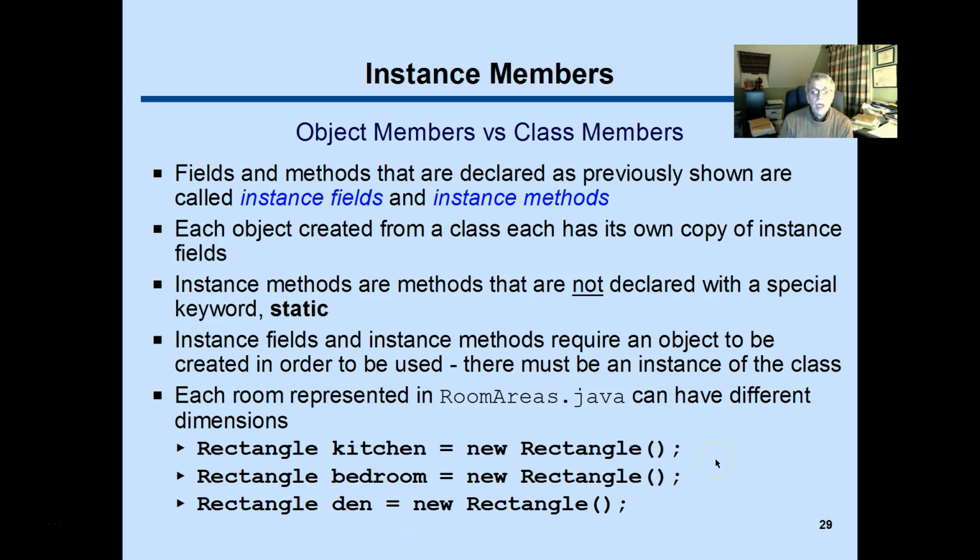And presumably, each of these rectangles would have different dimensions. They would not all be exactly the same. Therefore, we're using the concept of rectangle as a general notion, and then the instances are going to be specific and unique in some way.